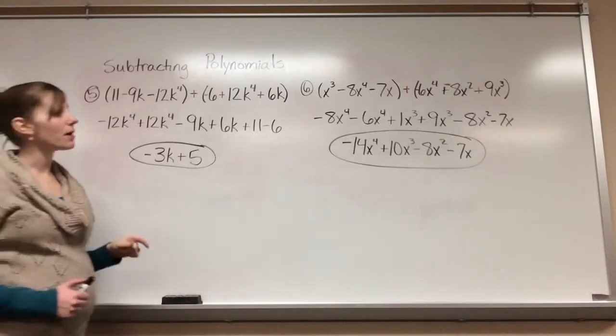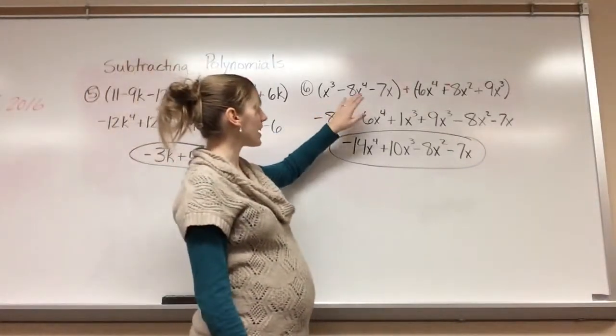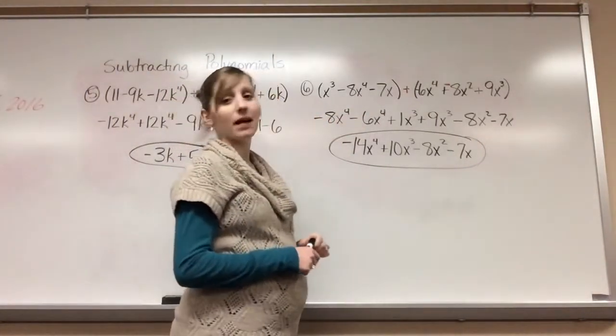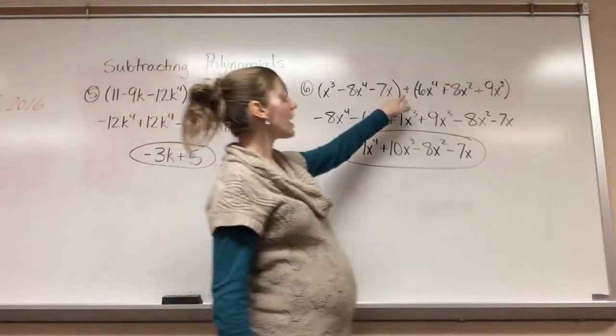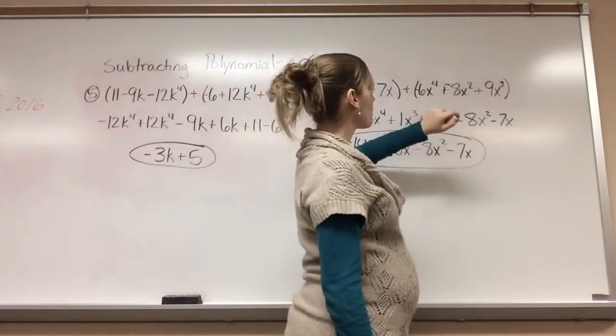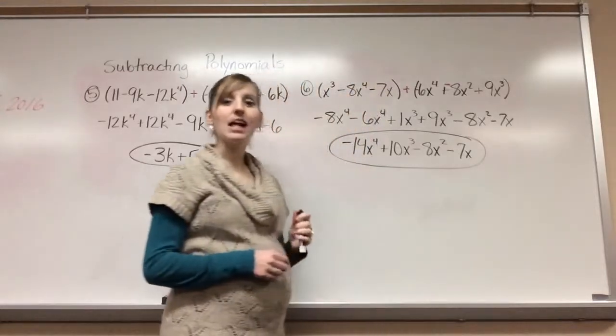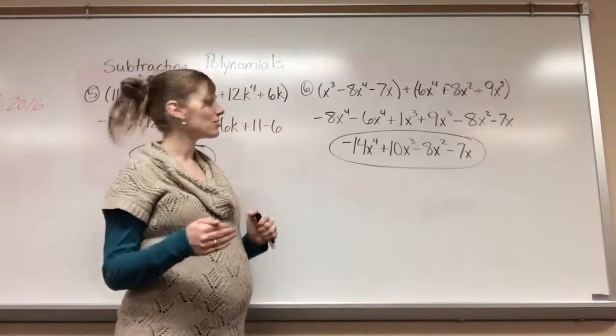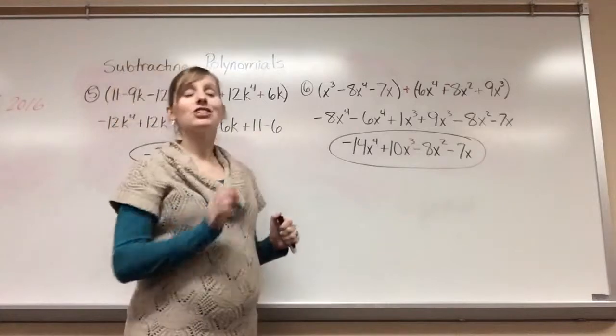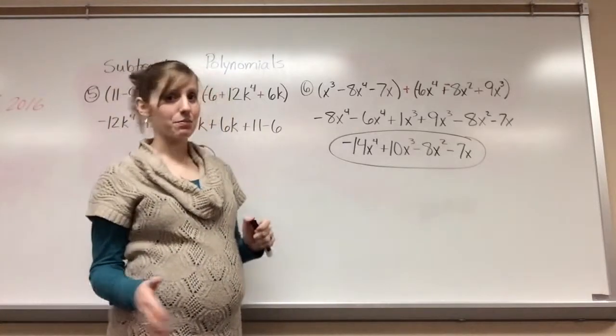For number 6, our polynomials were x to the 3rd minus 8x to the 4th minus 7x, and I was subtracting from that 6x to the 4th plus 8x squared minus 9x to the 3rd. Again, the first thing I did was change to addition, and then I changed all of the signs in the second set of parentheses.